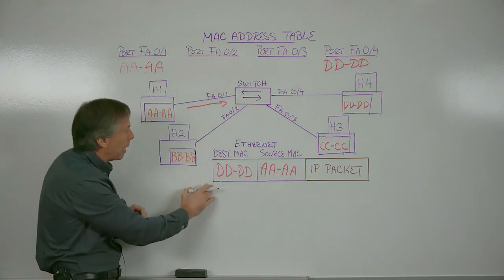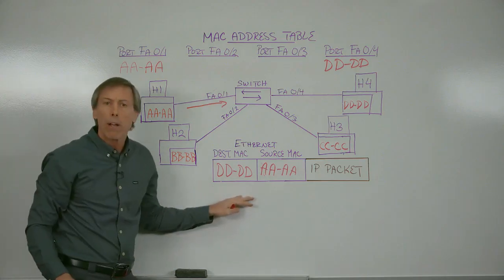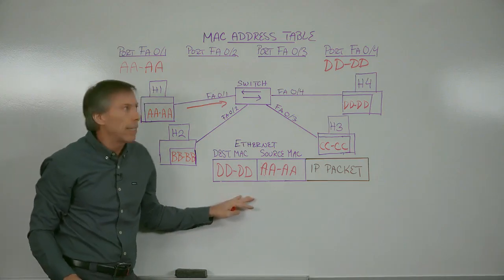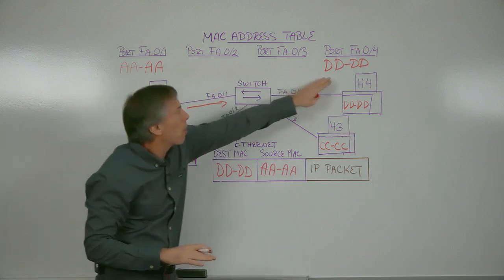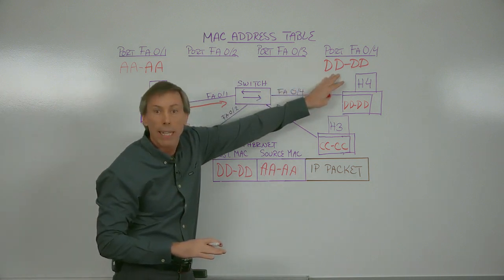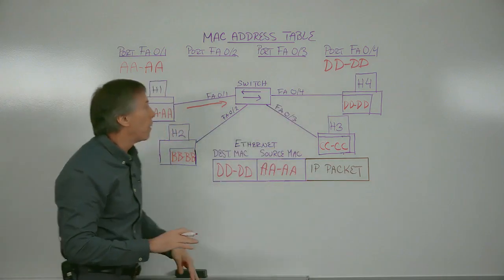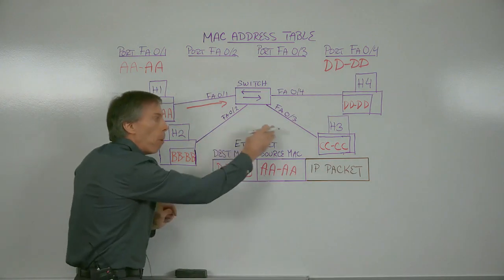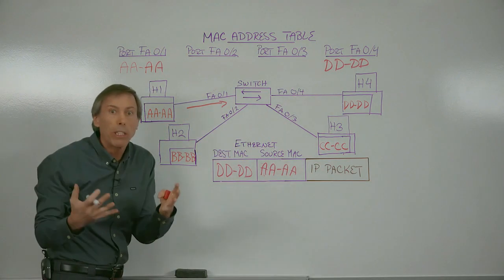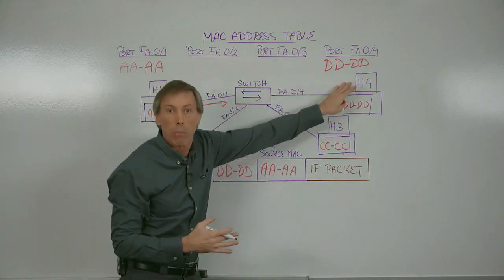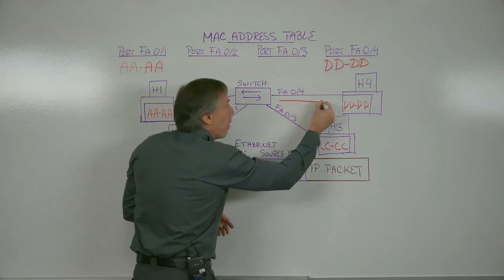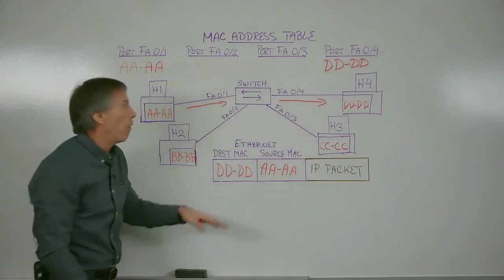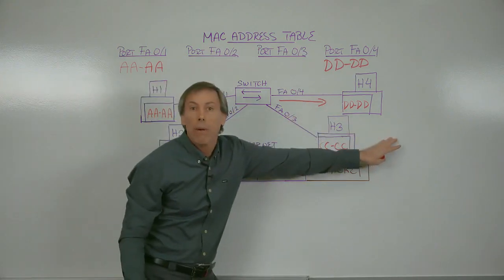So it looks at the destination MAC address, says, do I know where DDDD is? It says, this time I do know. It's over here on port Fast Ethernet 04. So instead of sending it out all ports like we did originally when this information was not here, now it can send it out just Fast Ethernet 04 on its way to H4.